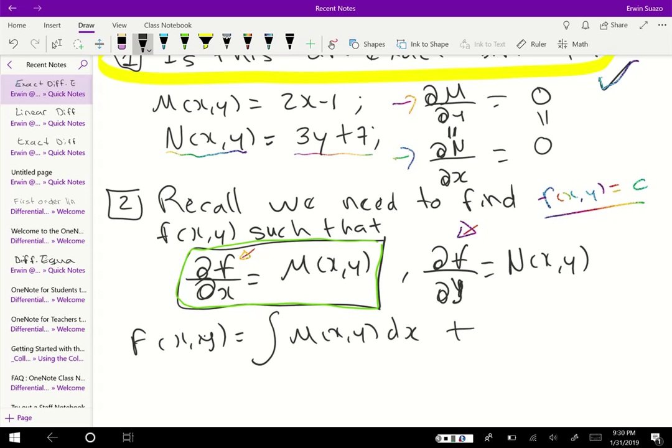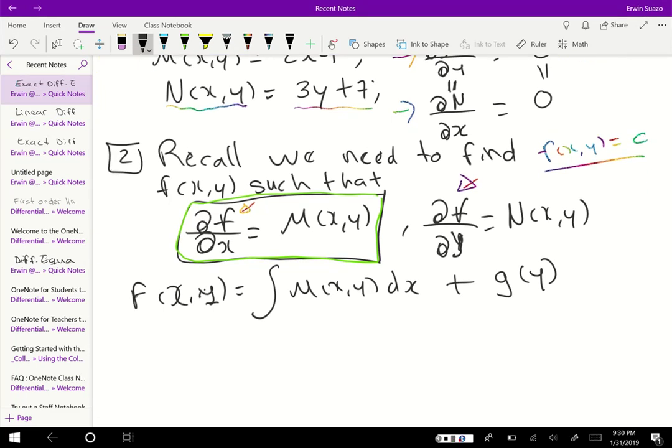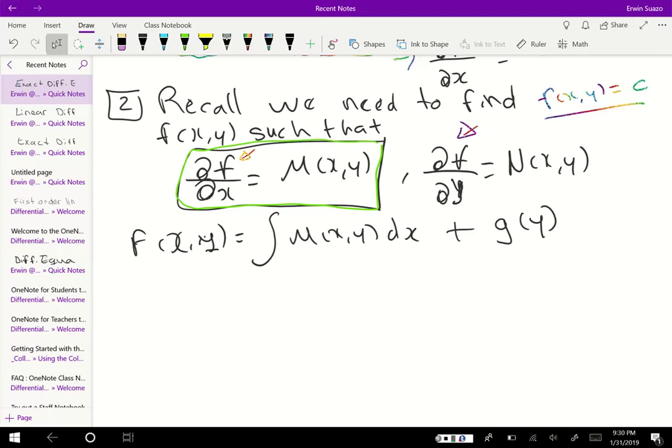But we have a two-variable function, so let's call it g of y, because I'm integrating with respect to x, but the function is a two-variable function. So that's my step 2. I need to find a candidate for f, and the candidate is given by that formula.